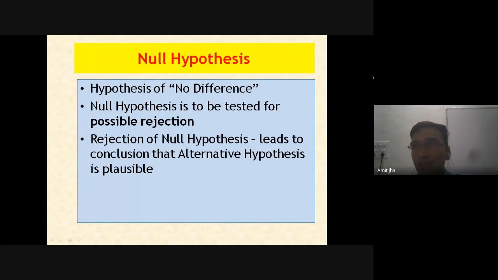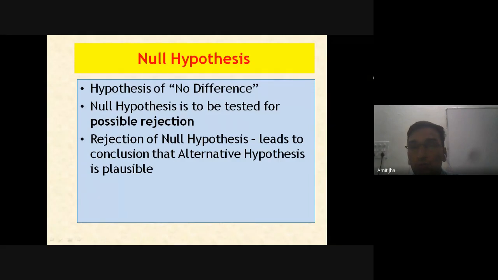For that, we have to make a hypothesis: first, that these two samples don't differ significantly. Such a hypothesis is called the hypothesis of no difference, and this is called the null hypothesis.